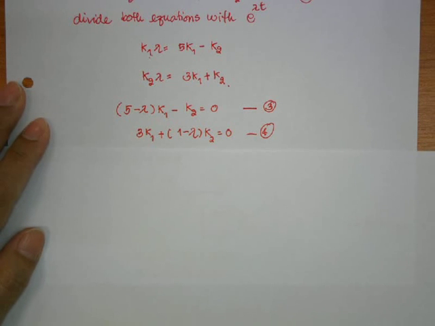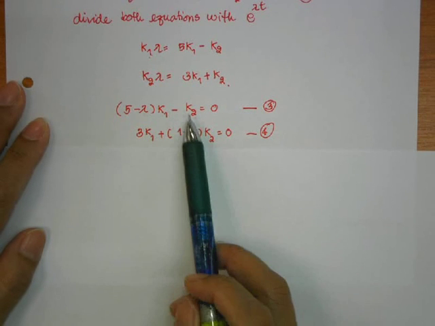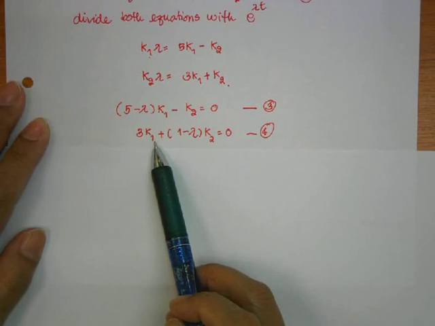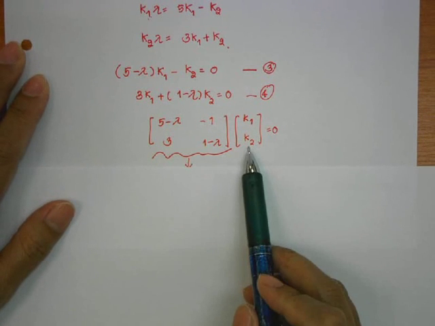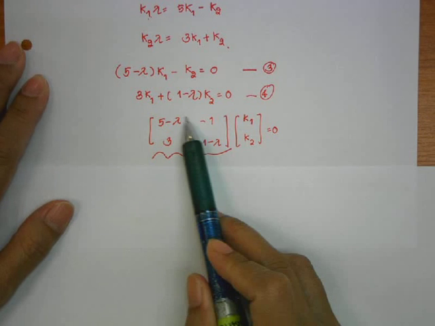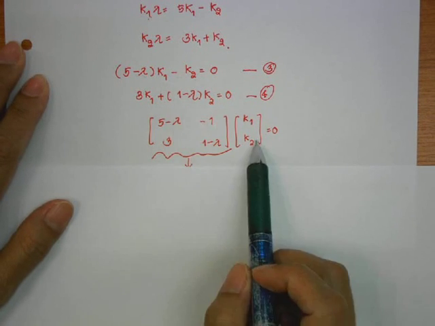From that, we are going to write down the characteristic equation. We know that our characteristic equation is just the determinant of the coefficients in front of k1 and k2, right? If you write this out as a matrix, you will get this here.